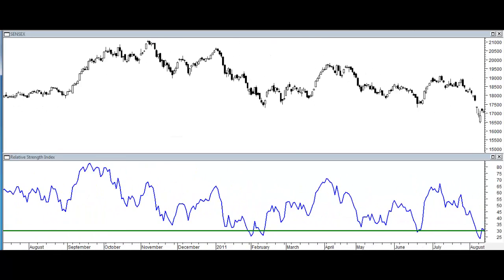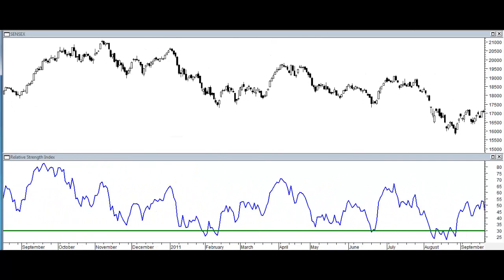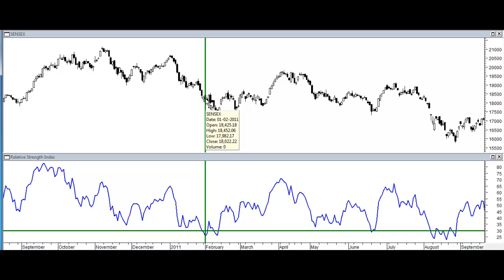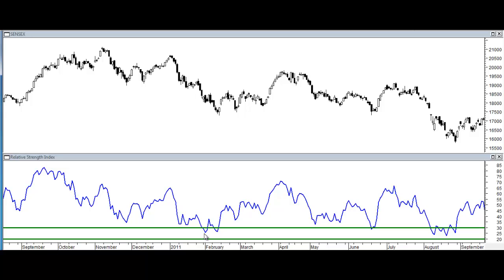Now, the same kind of incident we have seen in the month of February 2011. In that particular case, the Sensex made a low at around 17,900, and RSI made a low at the 25-26 zone.